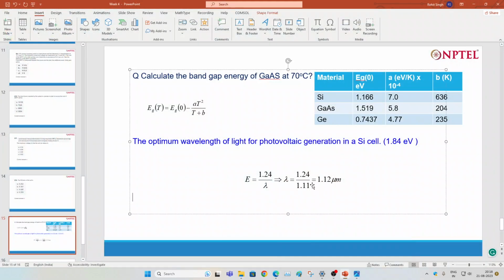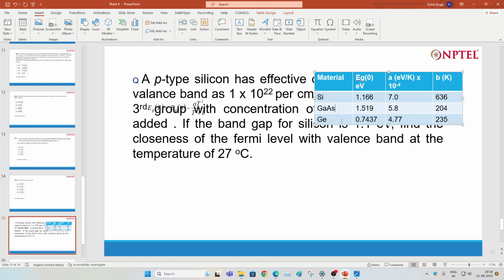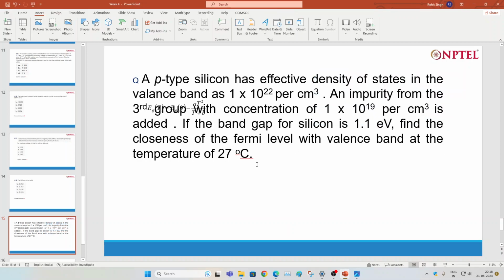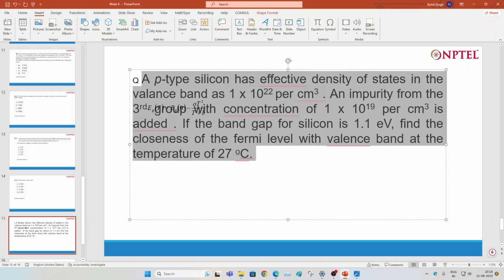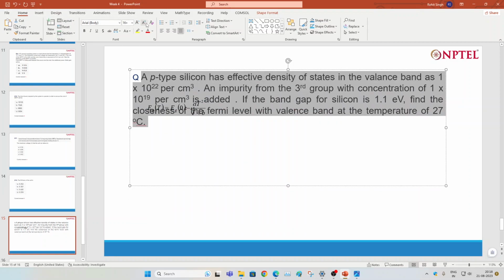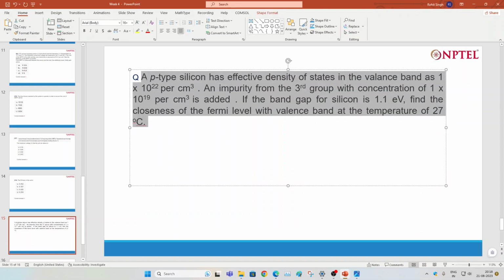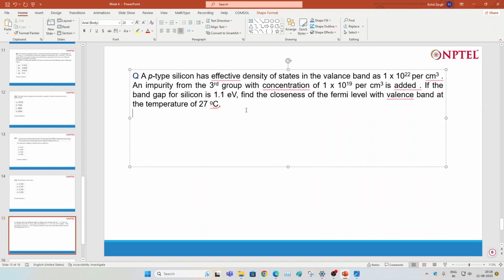I think most of the questions here have been discussed. You guys also try to solve this question, okay? So you can have a good understanding of how to solve it.